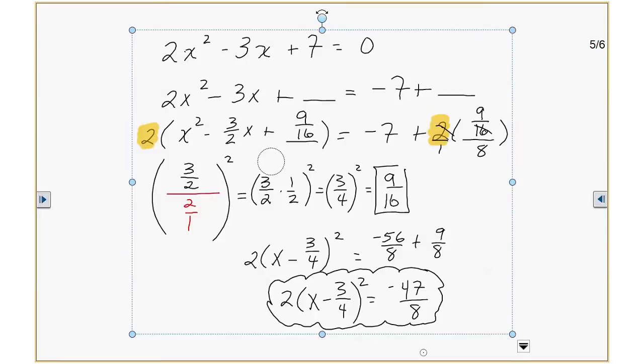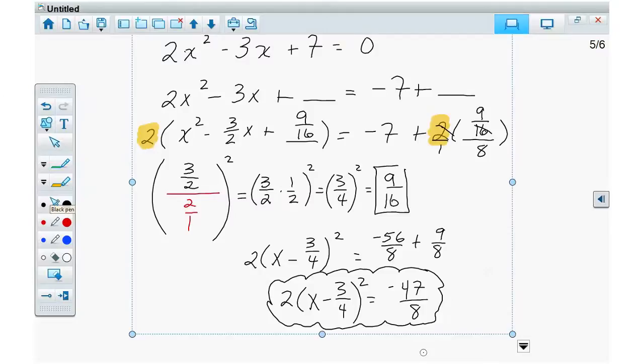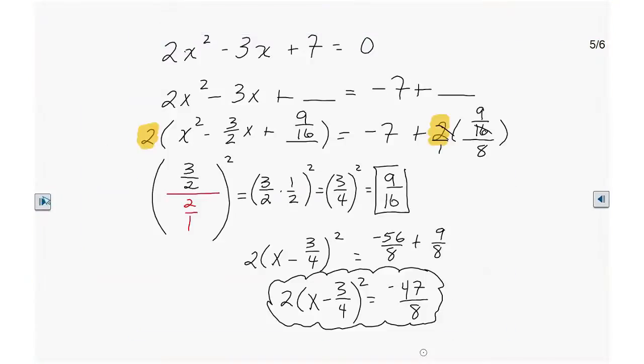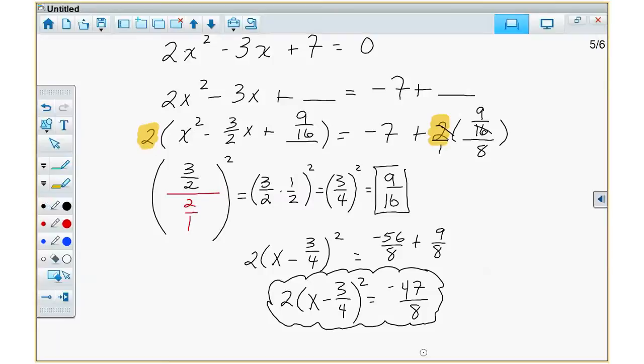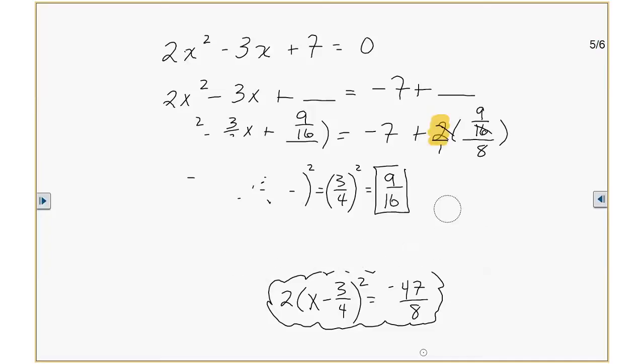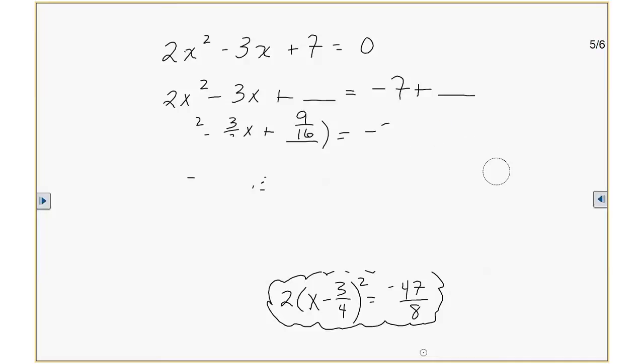Okay, now it's not going to erase. Oh my Lord. Glad I had training. I should have just wrote it over, but oh well.